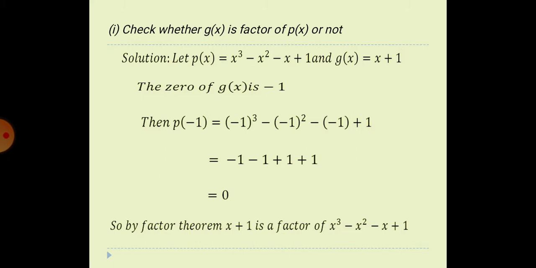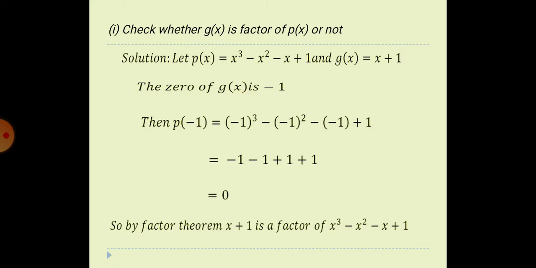We know that minus 1 cube is minus 1. Minus 1 square is plus 1. Plus 1 into minus is minus. And then the third term, minus into minus, is plus 1. And the fourth term is also plus 1. So plus and minus get cancelled and the remainder is 0.